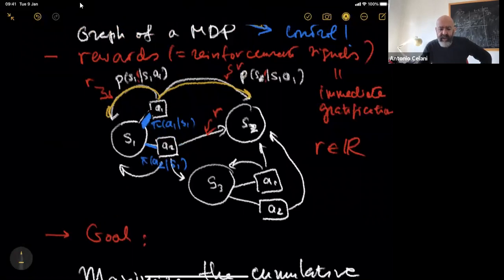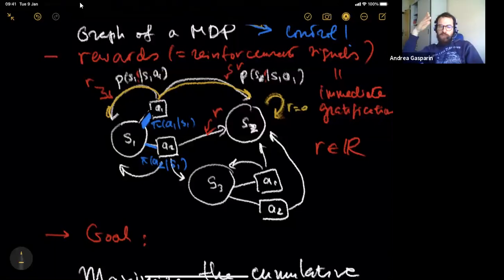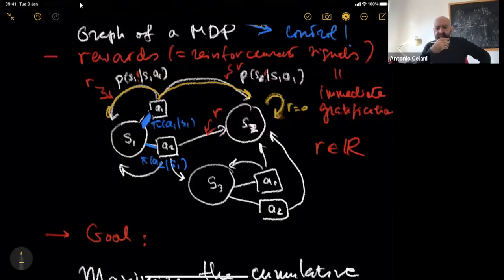So all the transitions here don't give any additional reward. Then you can set easily gamma to 1. Which means that if you don't know the MDP, then you cannot do it. You must know the MDP. Exactly, yeah.